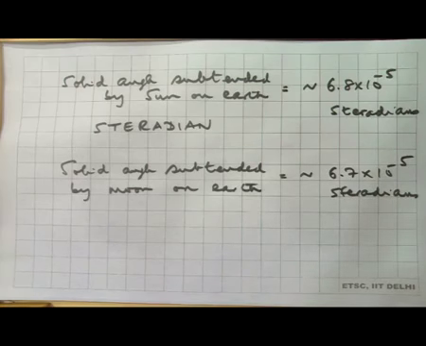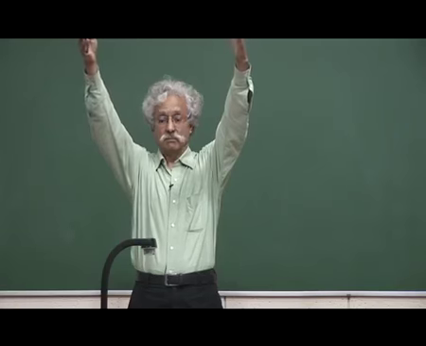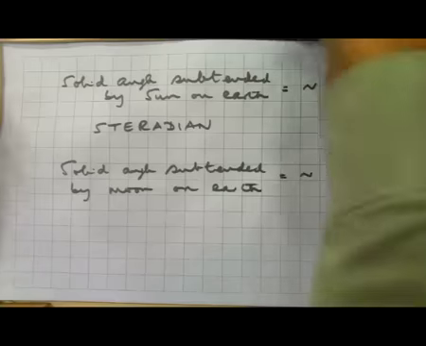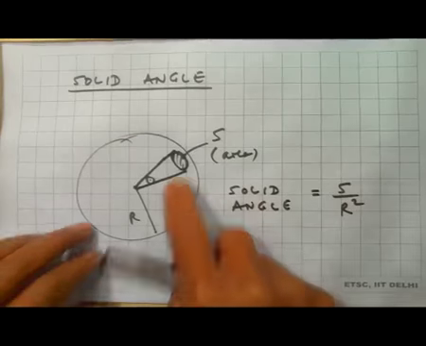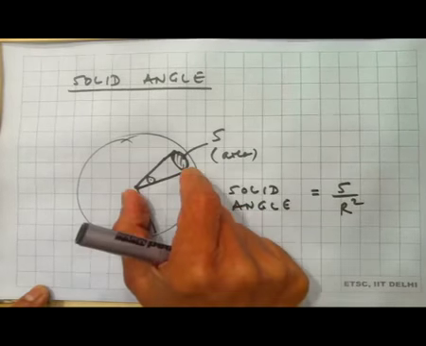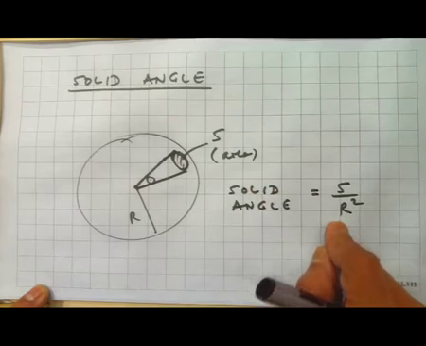Almost equal. The sun is much bigger than the moon, but it is also much farther away. So, for the sun the area is much bigger. In this figure, the area of the sun is much bigger, but r is also much bigger. So, S by r square is the solid angle subtended by the sun on the earth.